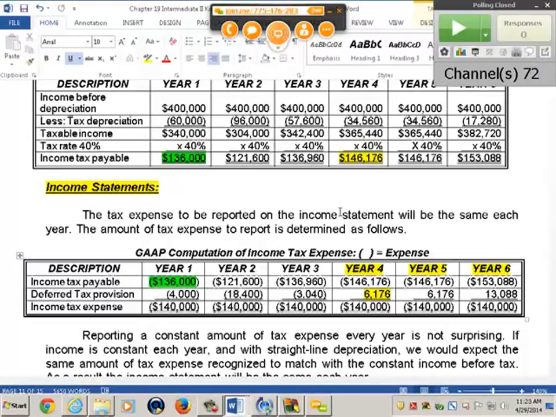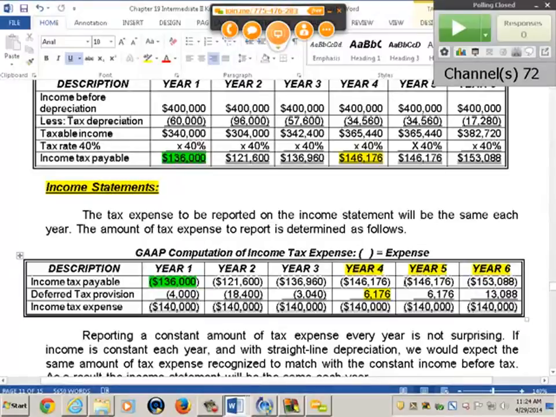So I owe the government 146,176. 140,000 of that is for current GAAP economic activity, and the 6,176 is due to paying back the prior liability. So I'm paying back a previously deferred liability. So when you give the government a check for 146,176, 140 is for your GAAP income, 6,176 is for your previously deferred liabilities.